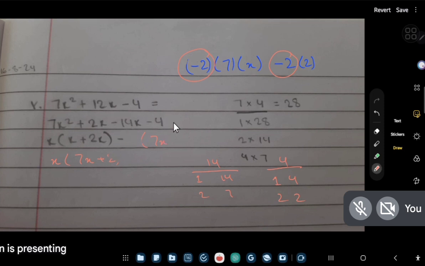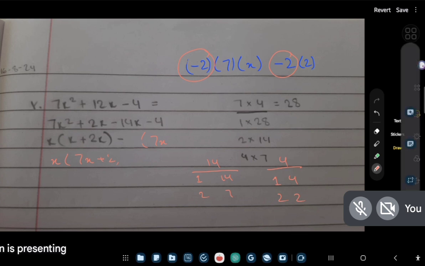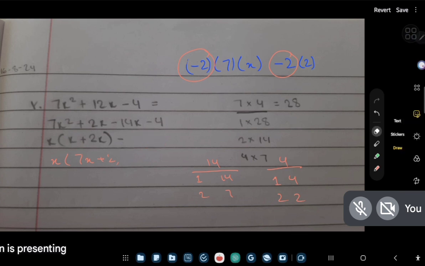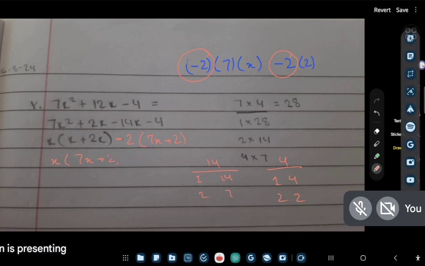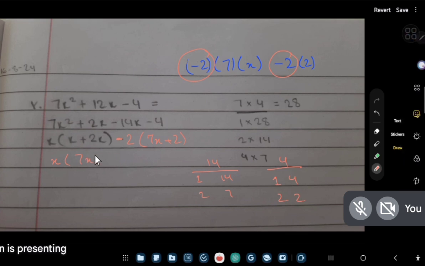So you took negative 2 common, so you're left with 7x, which is positive, and you're left with 2, which is also positive. And the second thing that you did wrong was 7x plus 2.